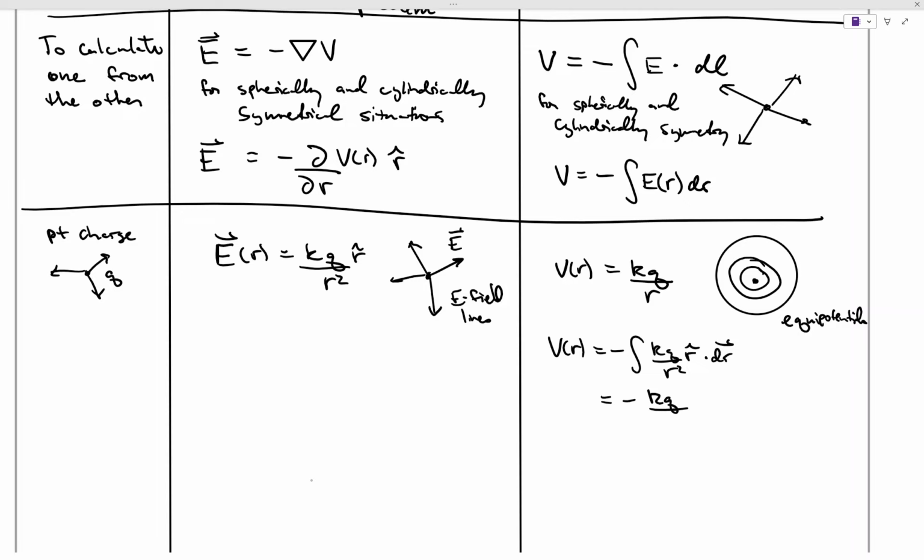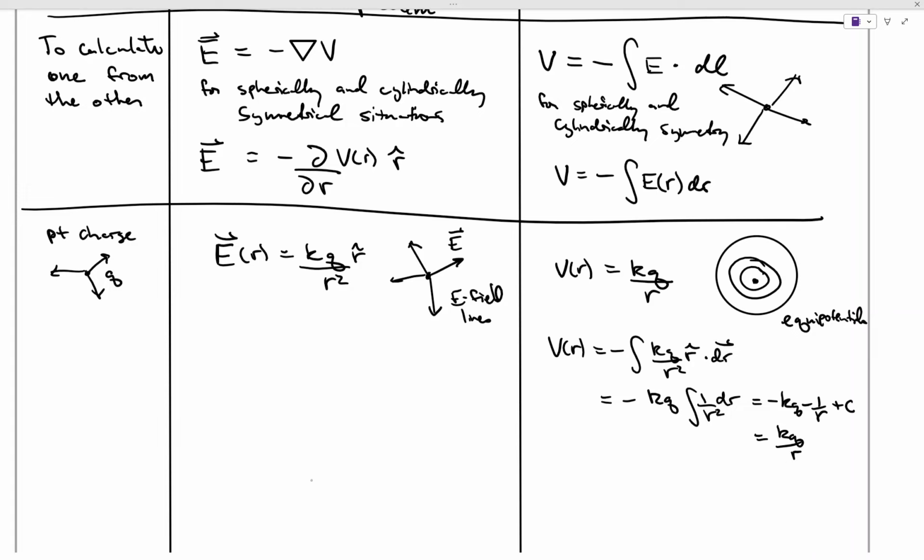This r hat dot dr will just become an integral of 1 over r squared. What is the integral of 1 over r squared? You get negative 1 over r. So negative kQ times negative 1 over r. In general this is an indefinite integral, so we would have a constant C. But by convention, we set the constant to be 0 so that the potential goes away when r is large. And notice this gives us our kQ over r.